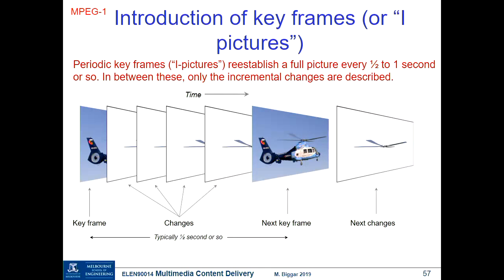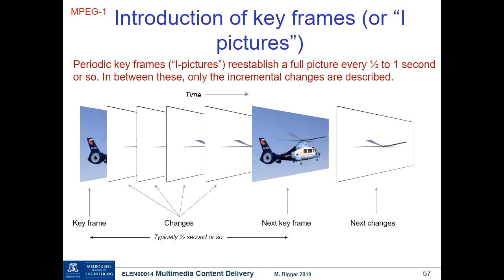But periodically, typically every half second or so, we have this keyframe which is coded independently of other frames. So we code this one a bit like a JPEG image, right? No interframe coding. And then we do differential coding for this sequence of frames in between, and then the next keyframe comes along and we have to encode that one independent of the others.